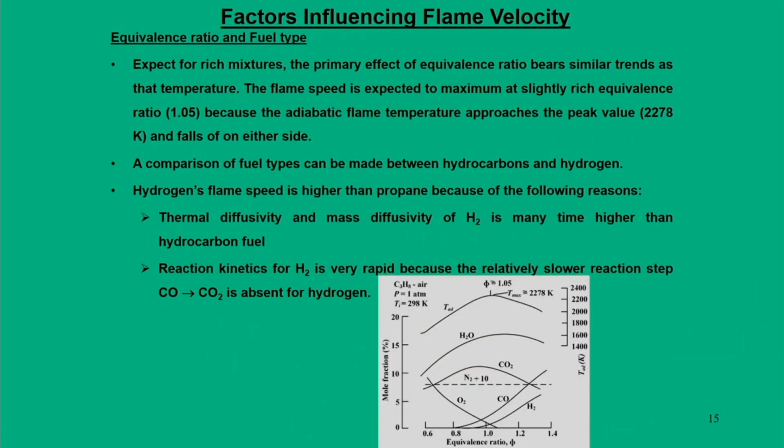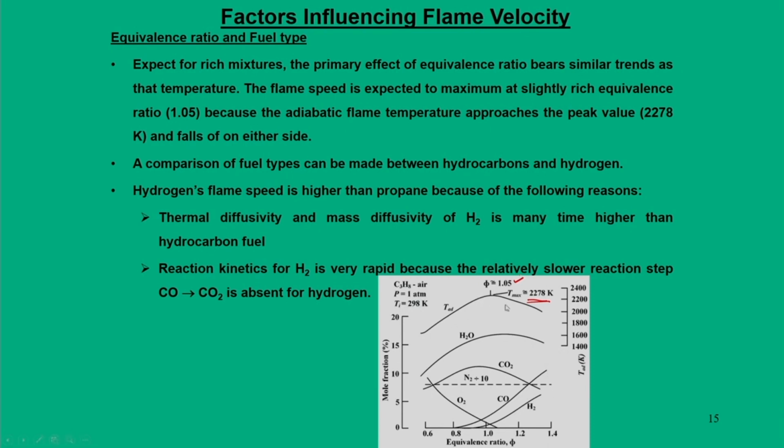The next factors that influence the flame velocity are equivalence ratio and fuel type. If you recall one of our earlier figures, which shows how the temperature changes during a reaction process with respect to equivalence ratio. If you talk about adiabatic flame temperatures, we have seen that for a methane air or propane air mixture, the maximum adiabatic temperature of about 2278 Kelvin is reached at a slightly rich mixture, that is close to phi equal to 1.05.